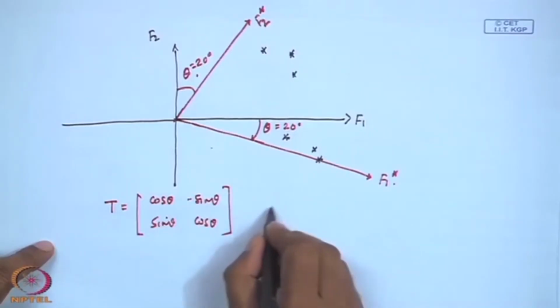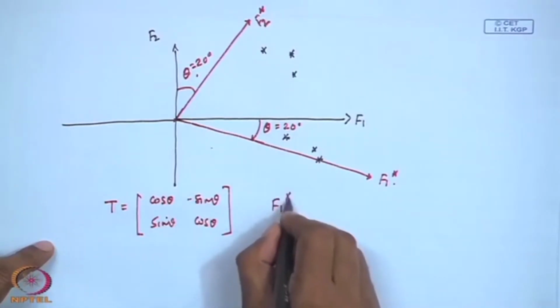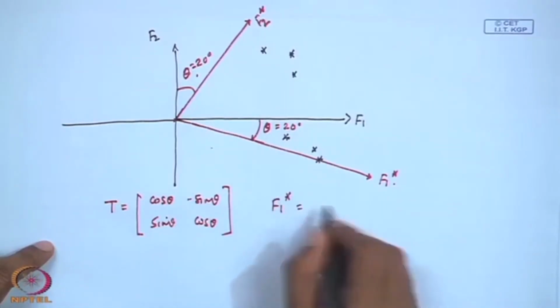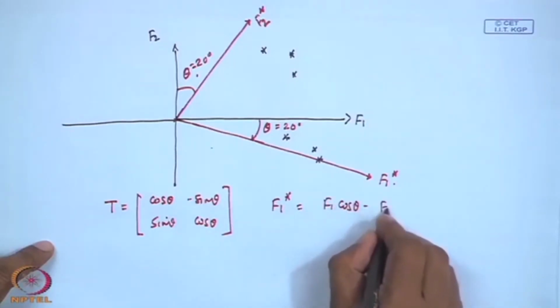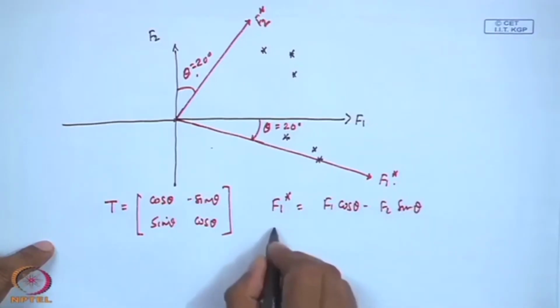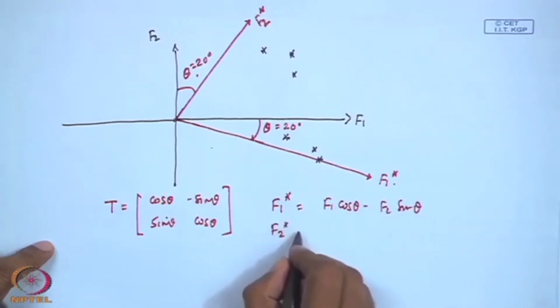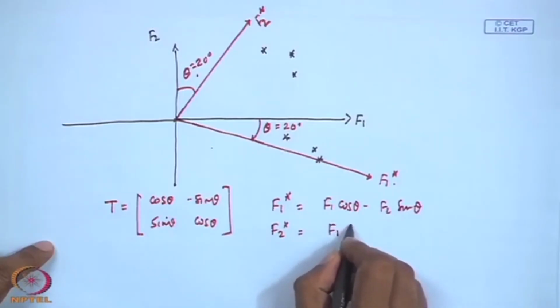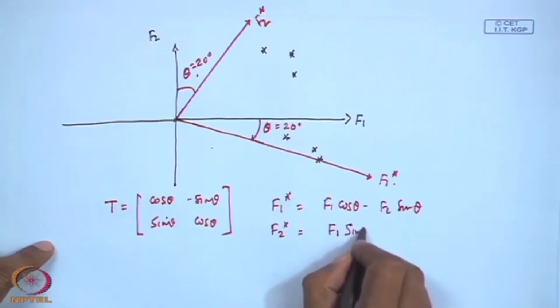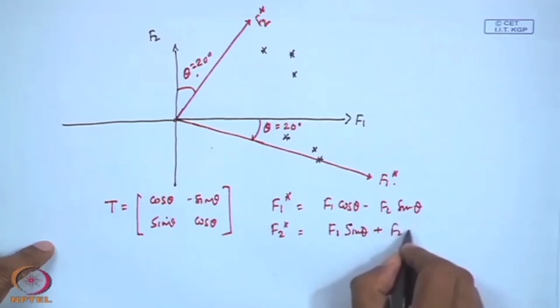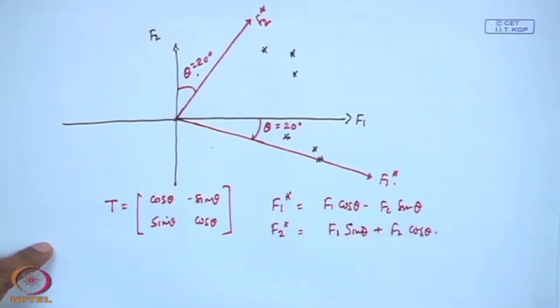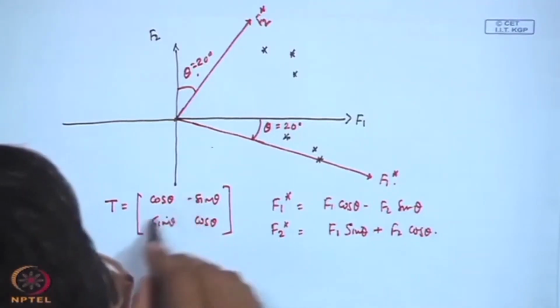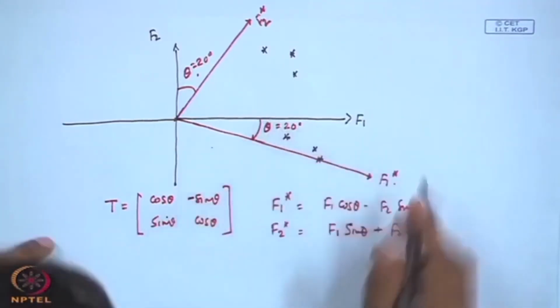That means f1 star is f1 cos theta minus f2 sin theta, and your new dimension f2 star is f1 sin theta plus f2 cos theta. Now, this plus or minus sign depends on the theta value.